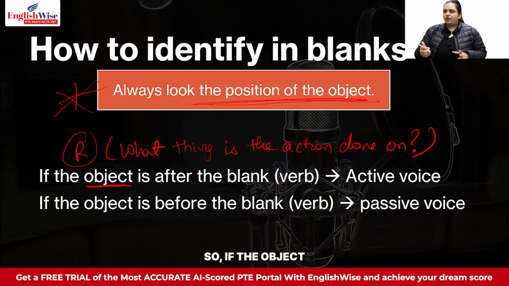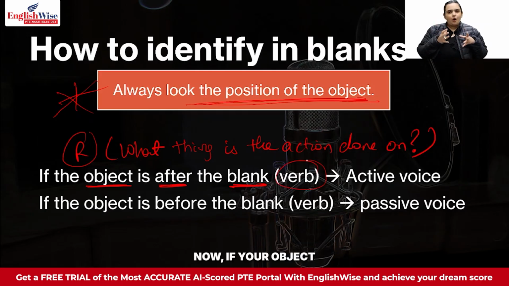So if the object is after the blank, okay, now I have written after the blank here because whenever you get questions based on active passive voice or tenses, it is the verb that you have to fill over there. They will not ask you to fill the subject or the object. They will always ask you to fill the verb over there. So in the blank, you have to fill the verb itself.